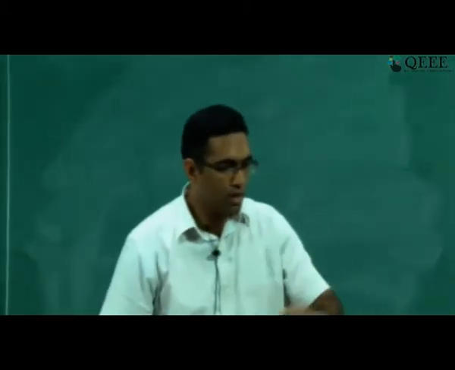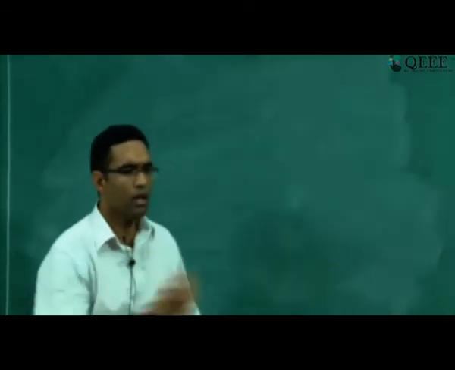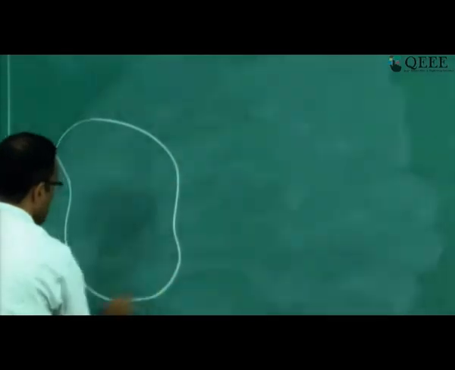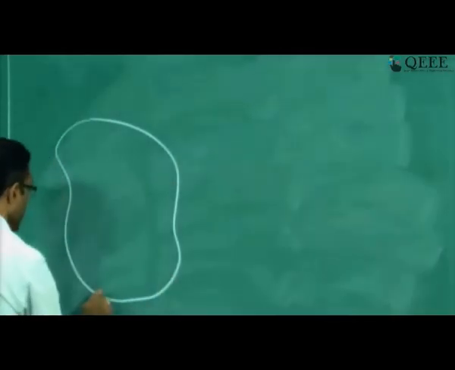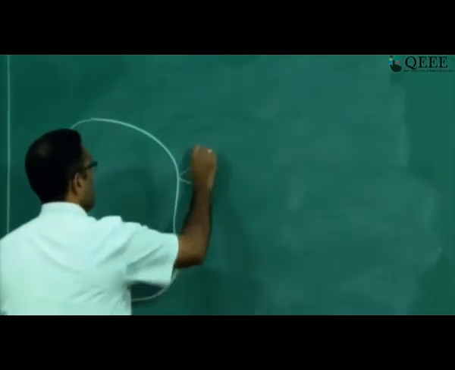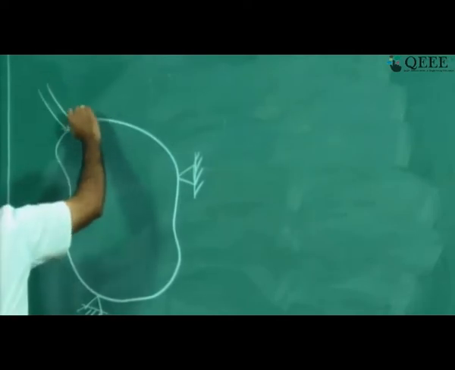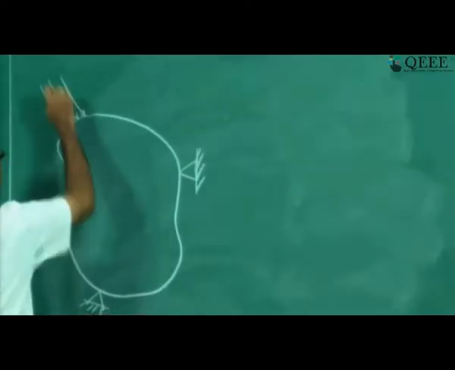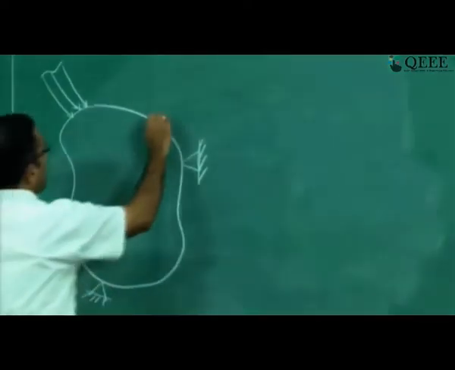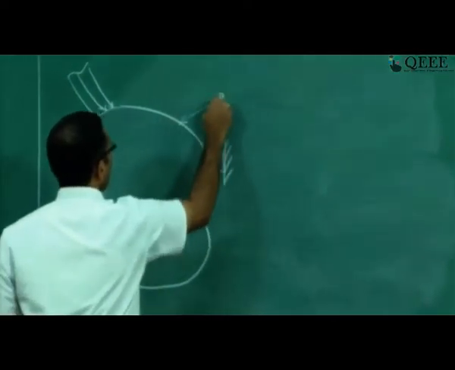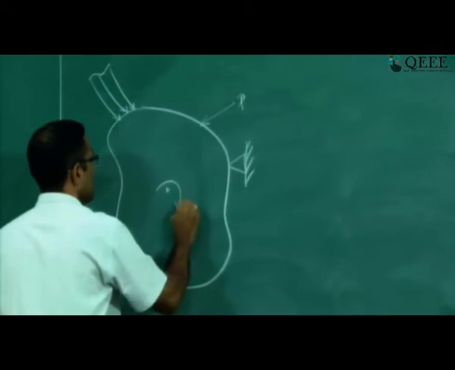As you can see on the slide, we have an arbitrary body, not necessarily a beam, and this body is fixed at different points, and at other points it is subjected to different kinds of loads. I might have a uniformly distributed load here, a point load at this particular point, and some moment here.